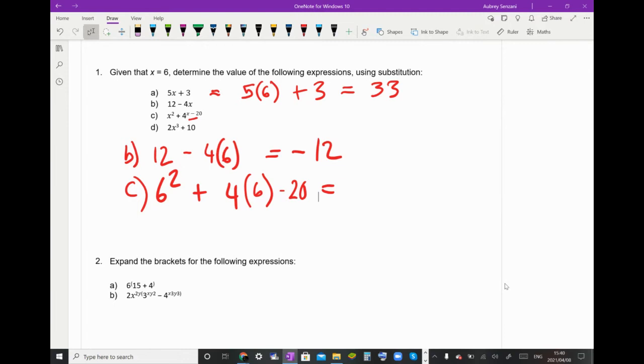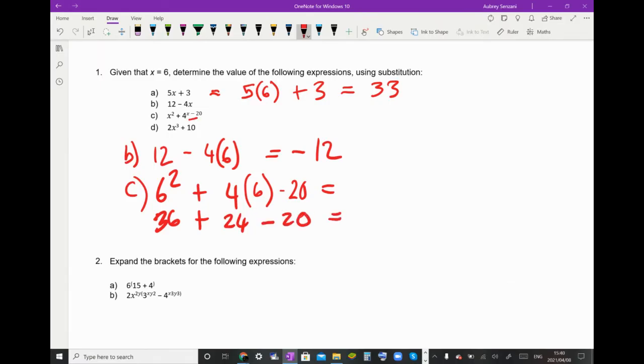Okay, so let's work this out. I'm quite curious as to why you're getting that. So 6 to the power 2 is the same as saying 6 times 6, which is going to give you 36, plus 4 times 6, you get 24, and then minus 20.